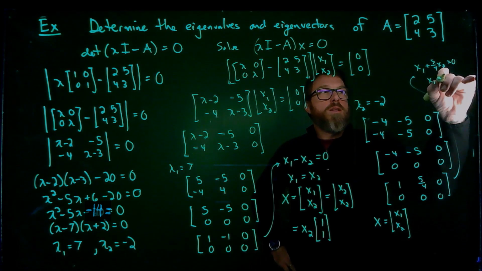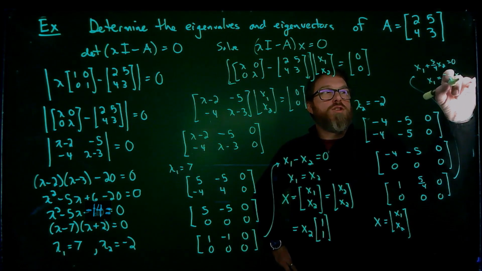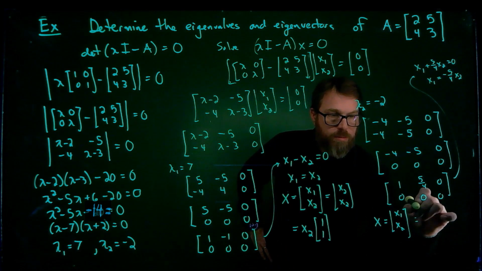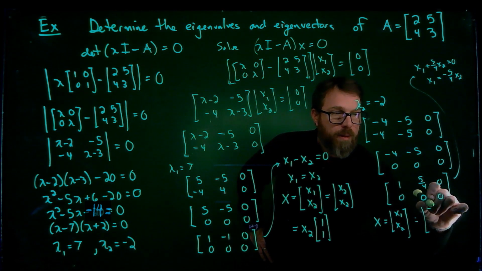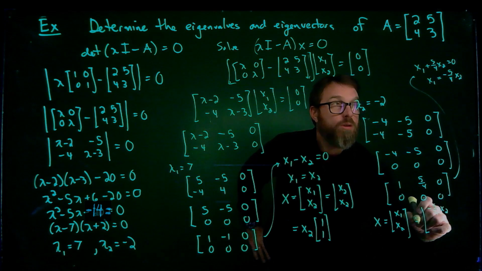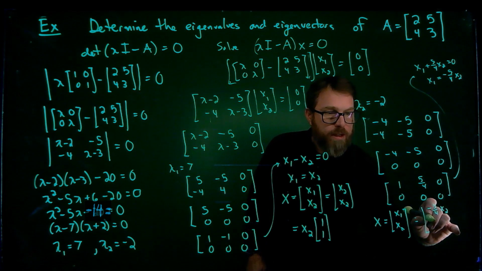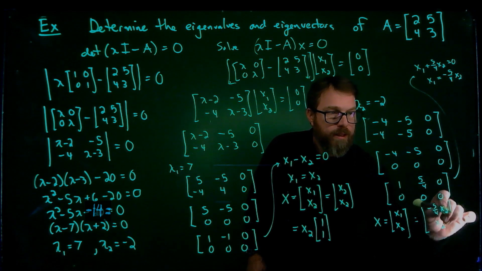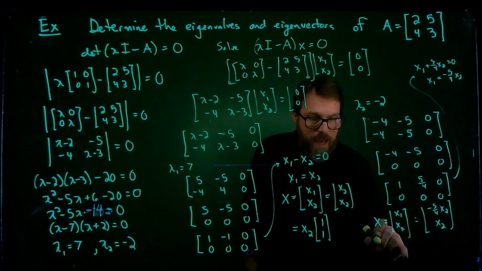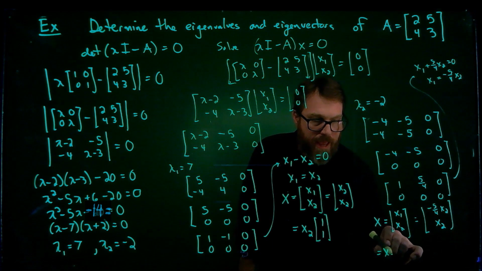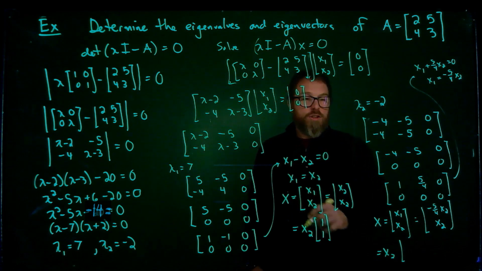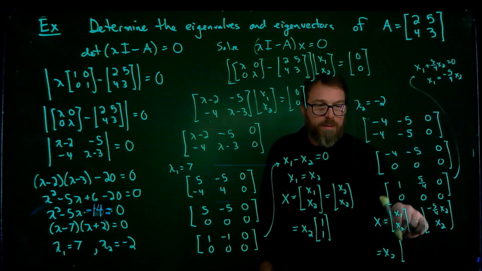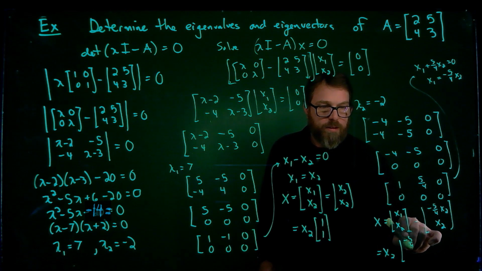Sorry about the lack of room. So x1 is going to be equal to minus 5 over 4 x2, and this will also be x2. Now if we pull out that common x2, these are going to be in rational form, and they prefer to have them in integer form, so I'll fix this in just a minute.